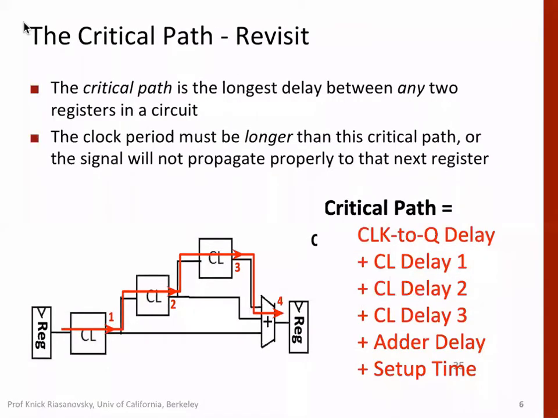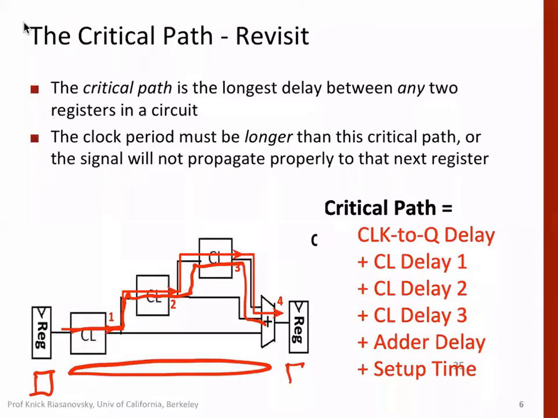We have also discussed the critical path. The critical path is the longest path, which takes the longest delay between two registers. Yesterday we discussed the critical path for a sequential circuit, which is shown here. In a microprocessor we have combinational logic circuits between two registers.